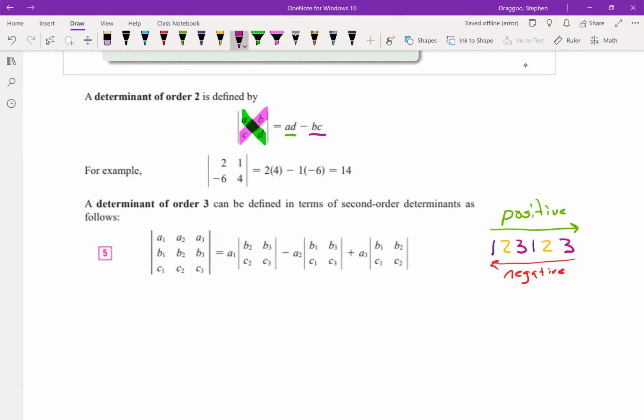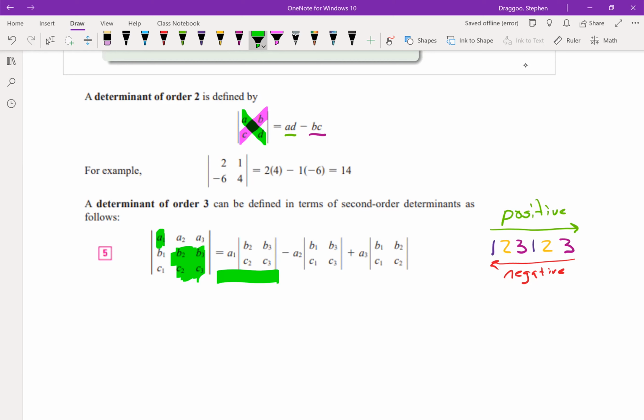If we start to look at where those pieces come from, let's look just at the first piece for a moment, where the first part in the top row, A1, is multiplied by the determinant of all of the pieces that are not in its row or column. So you should hopefully see there that we have the determinant of the matrix B2, B3, C2, C3, if we just read left to right.